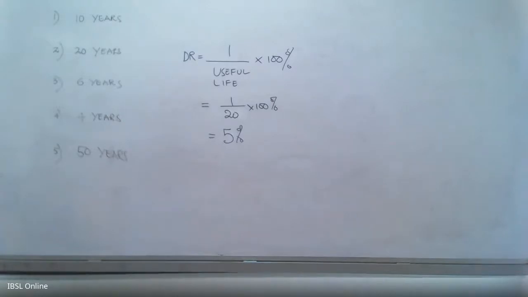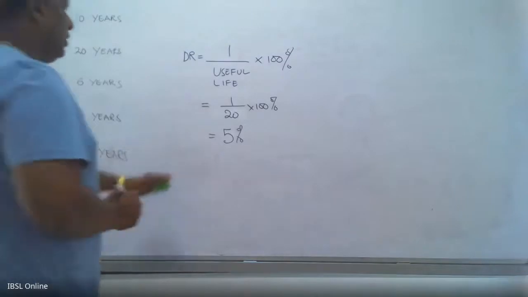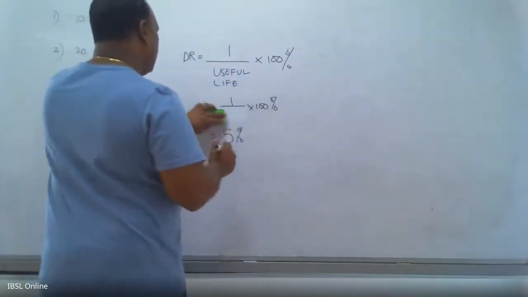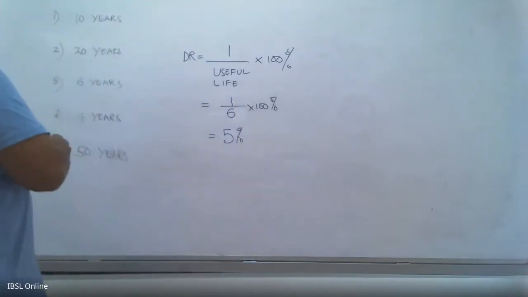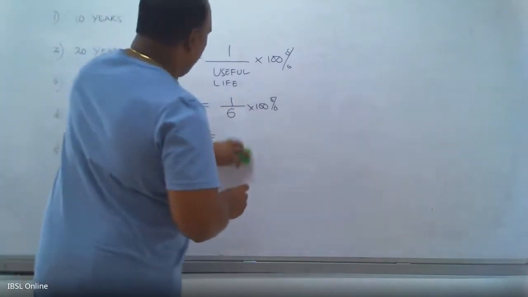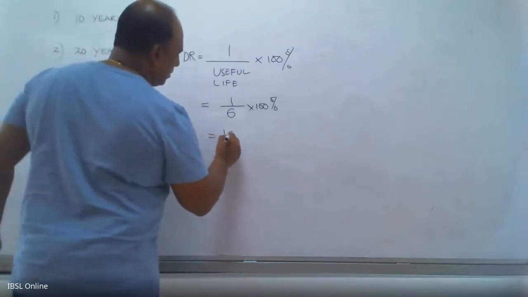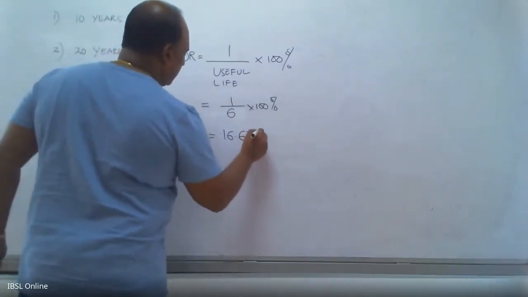Next one. What is the answer for the third one? Very good. So when you put 6, this becomes 16.67.